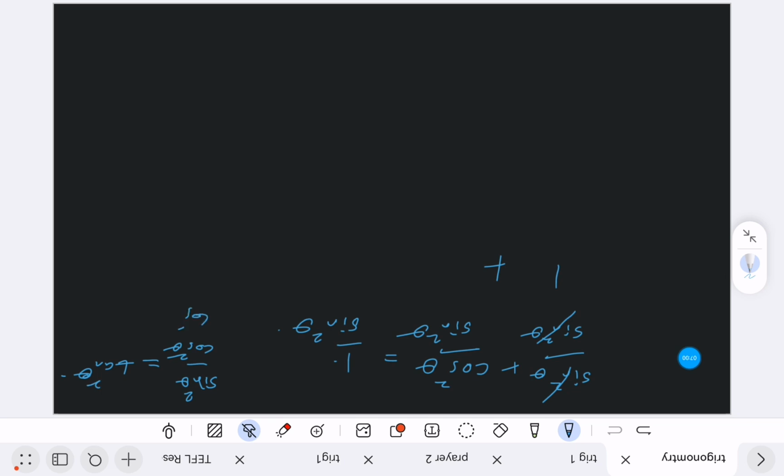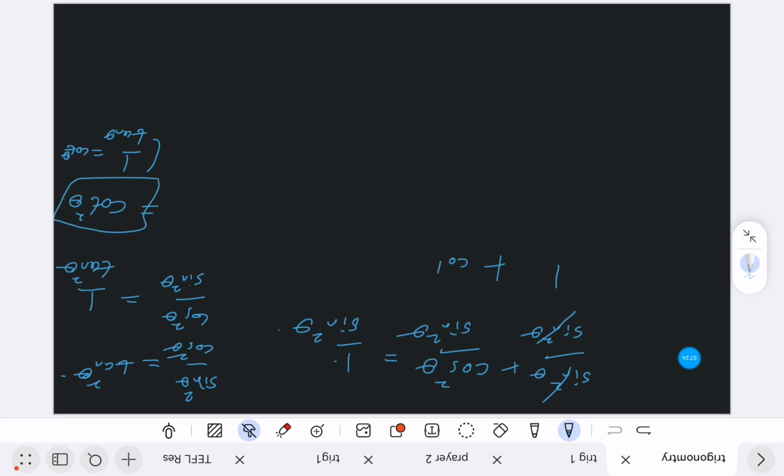But if we have cos squared theta out of sin squared theta, this is the inverse of tan squared theta, which is cot squared theta. Please remember that 1 out of tan theta is equal to cot theta. Okay, so we have this now.